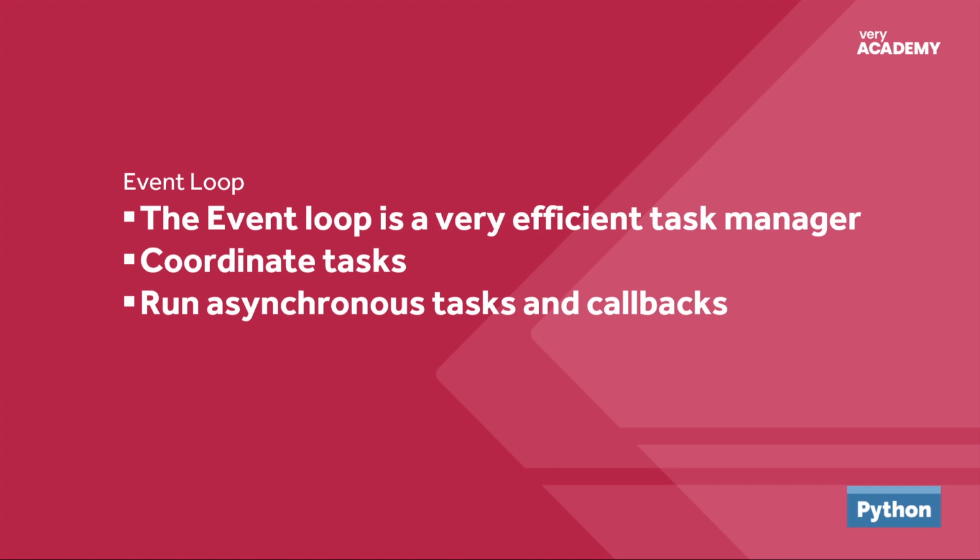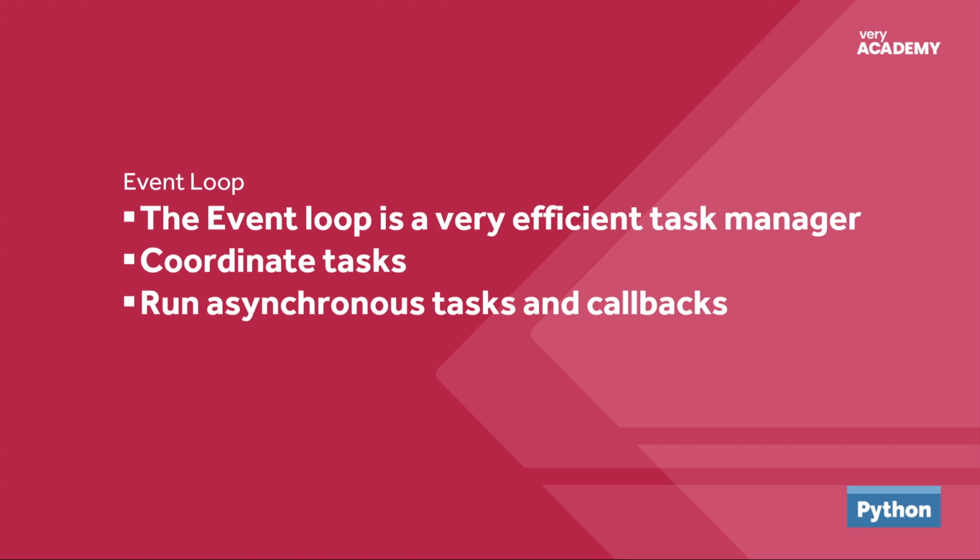So we know that we create a coroutine that creates an object, and then we use await to initiate that object. The event loop is managing that await, managing for example the request, and when there's a response, it can deal with that response and return it back to our program in order to perform other actions.